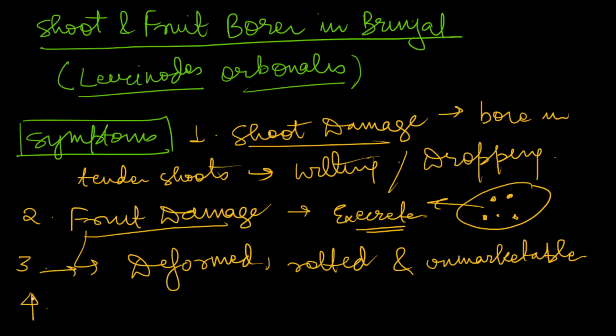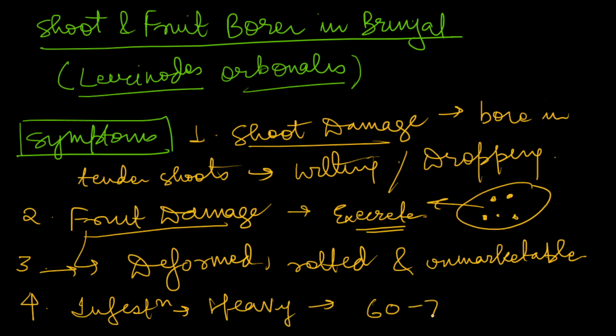Next, there are huge yield losses. If the infestation is heavy, it can lead to yield losses of 60 to 70% and go up to 80% also. So these are the major symptoms. You can write these 3-4 symptoms, that would be enough. Now, how will you manage them?